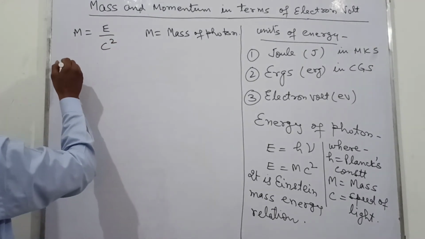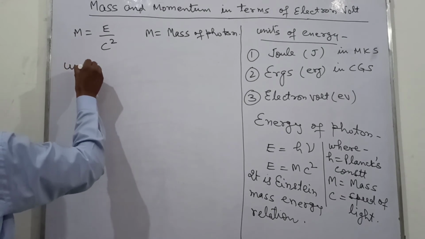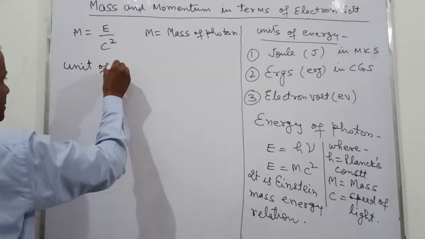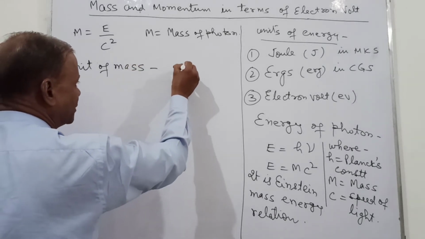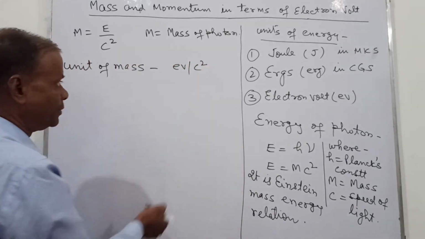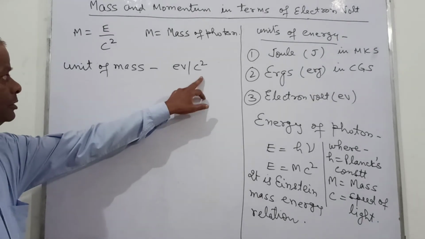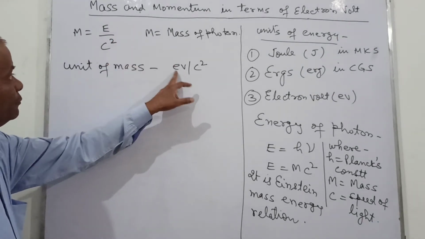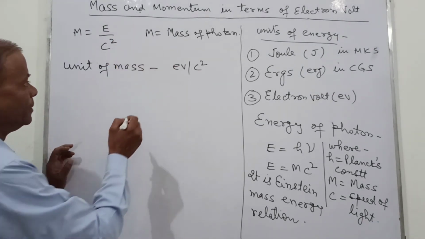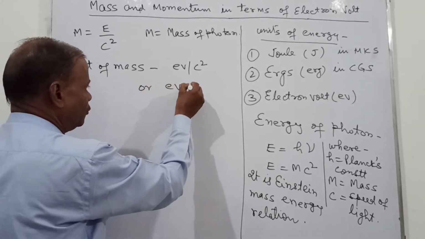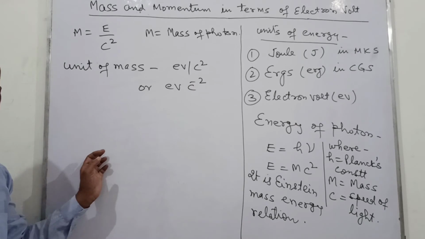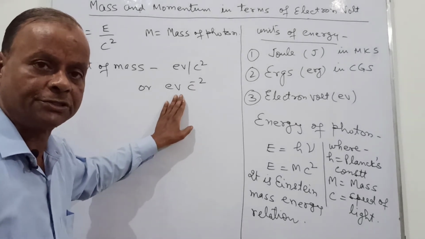So now the unit of mass will be electron volt per c square, or electron volt c minus 2.